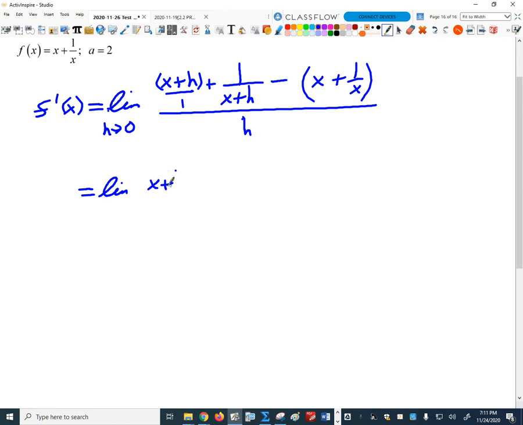I guess I'll write this out. x plus h squared plus 1 over x plus h minus, here I've got to multiply by x over x, so I get minus x squared plus 1 over x.